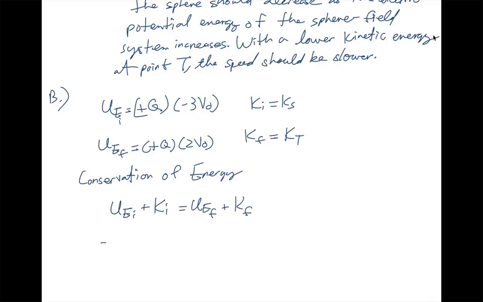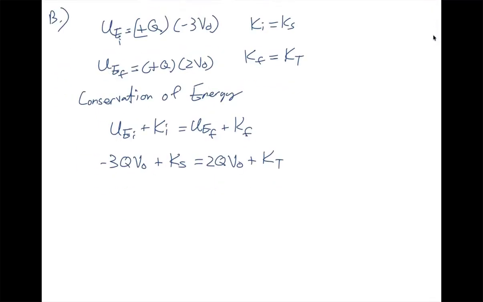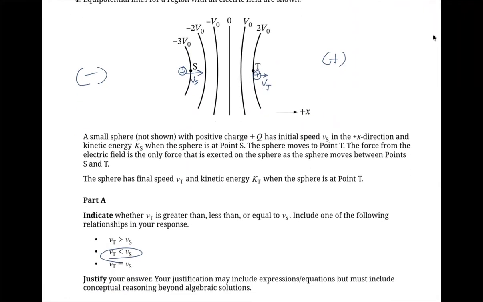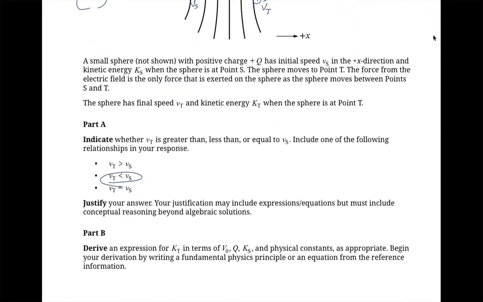So our initial is negative 3 QV naught plus the initial kinetic energy, which should equal 2 QV naught plus our final kinetic energy at point T. Therefore, our final kinetic energy at point T is equal to Ks minus 5 Q V naught. And that should do it for the derivation in terms of Ks, Q, and V naught.